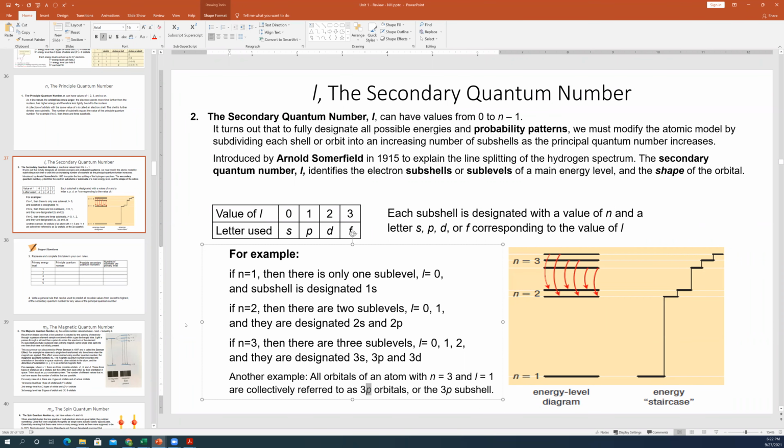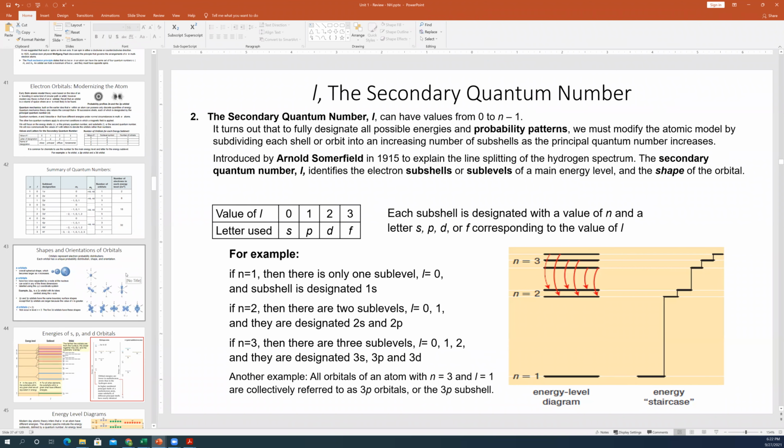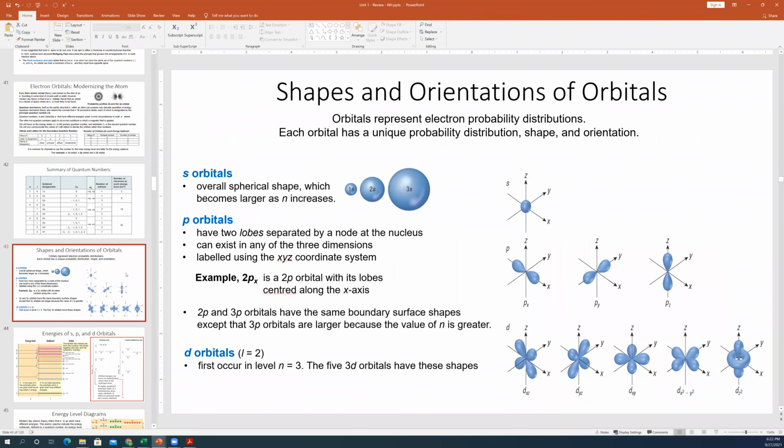But really what we have to keep in mind is that these orbitals aren't really just shells and rings with a fixed radius. Each of them actually has a shape and an orientation in 3-dimensional space. And s orbitals are more spherical in shape, and they become larger as n goes up.